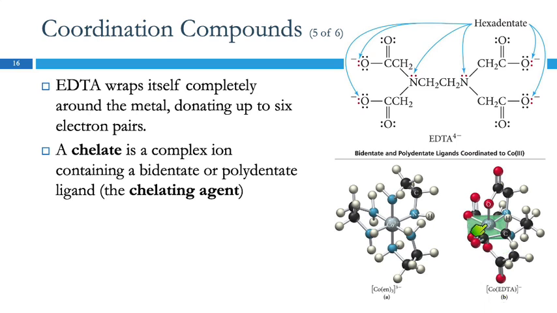So we've got 1 cobalt in the middle, and we have 1 EDTA ion wrapped around it, and it's coordinating in 6 places. We got 1 up here, and then these 4 guys here, and that one underneath.